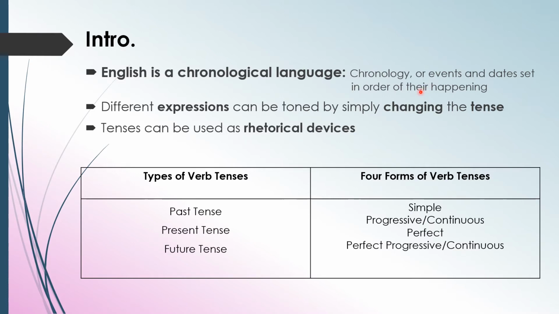And in real life you have to produce different expressions, and those expressions can be toned or changed by simply changing the tenses. The difference among expressions can be just the change of the tense, because tenses are just another name for verb forms. So there are verbs and there are different forms of verbs, and those forms of verbs are used in different forms of tenses.